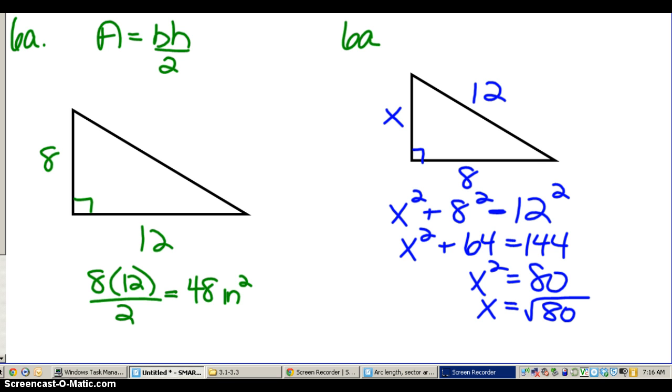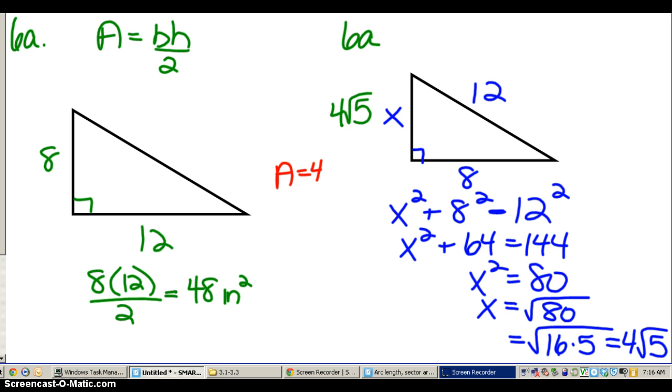Okay, so again, we're looking at 80 saying, is it divisible by a perfect square? So not 9, but 16 would work. So that gives me 4 root 5 as my side. So now, in order to find my area, I need to say 4 root 5 times 8 divided by 2.